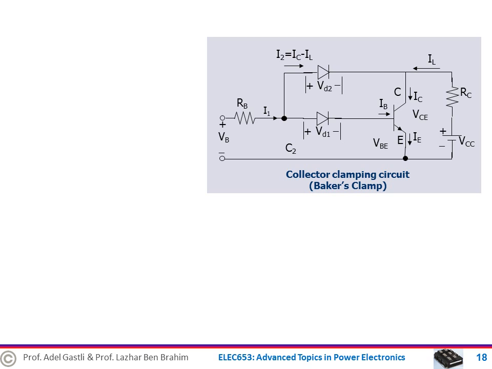Now let's understand how this collector clamping circuit operates. Without the clamping, when the BJT is off, diode D2 is reverse biased and it is in blocking mode. So when VB, which is the base voltage, is high, diode D1 is forward biased, which turns on.